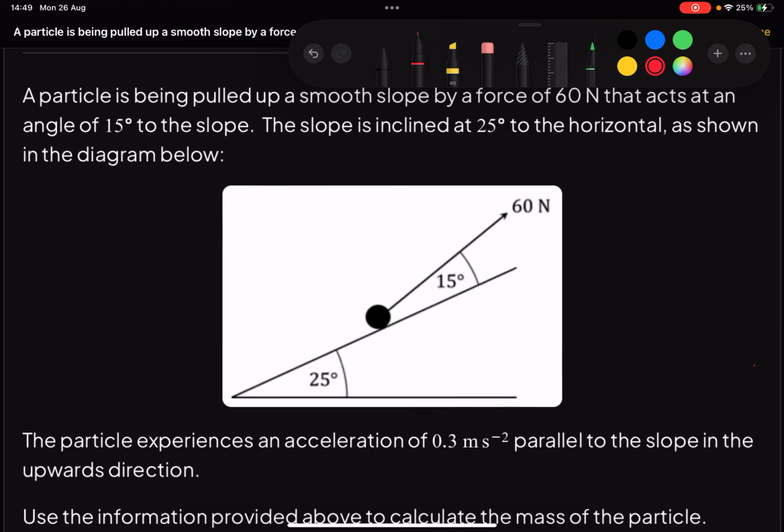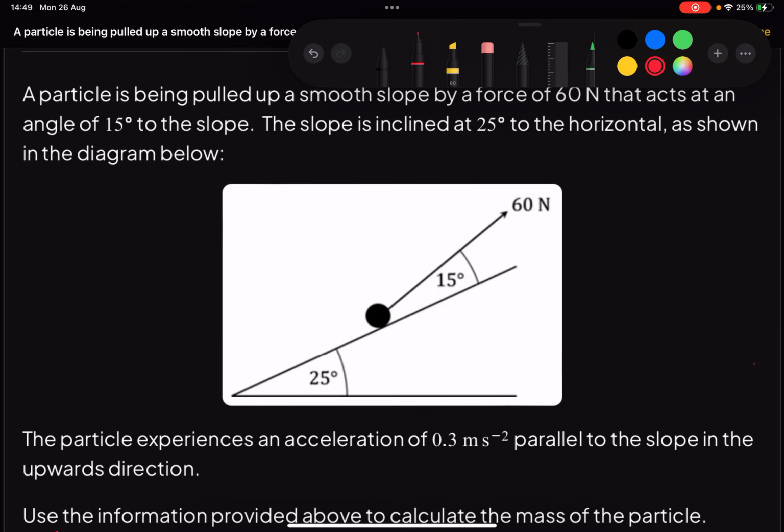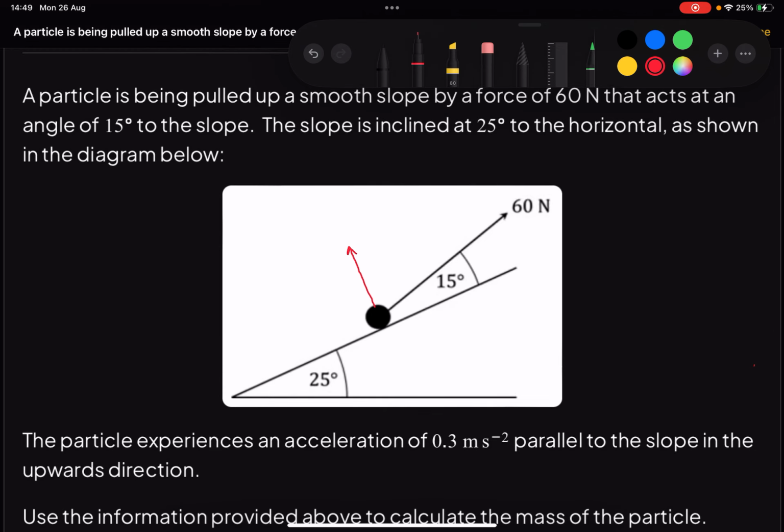All you need to do here is label the diagram. So this is going to be R, and it's going to be from the top of the weight upwards, and the weight's going to be down right here. And we can label that mg since we don't know the mass yet.